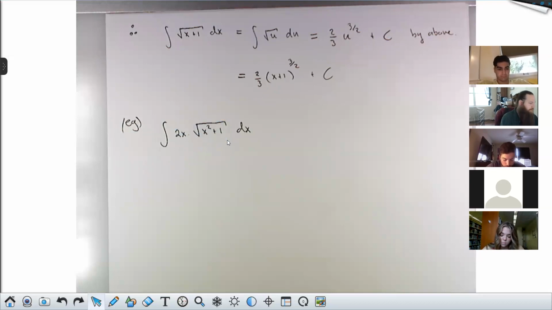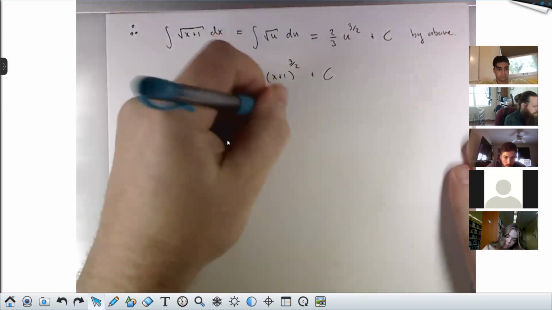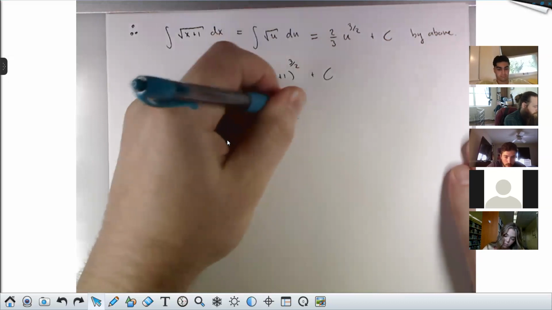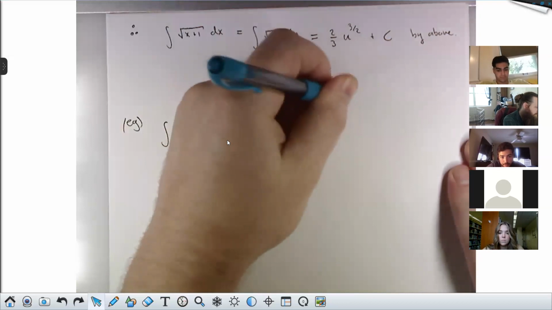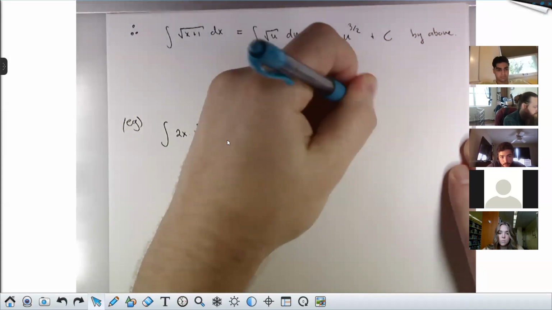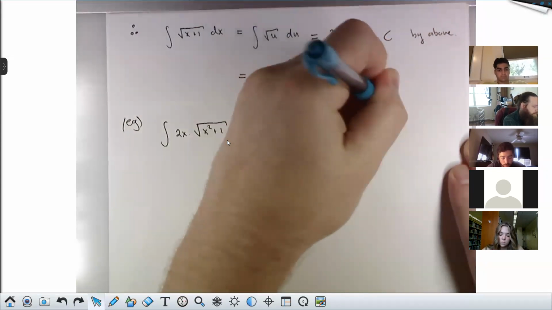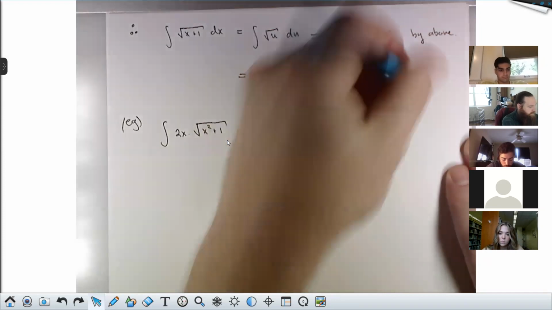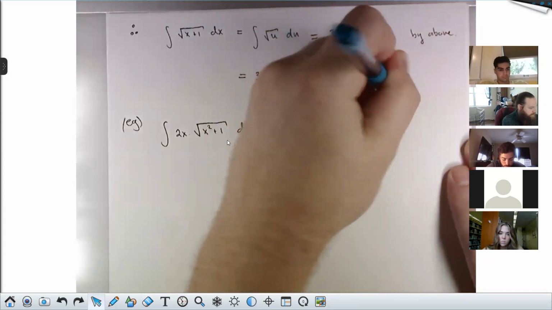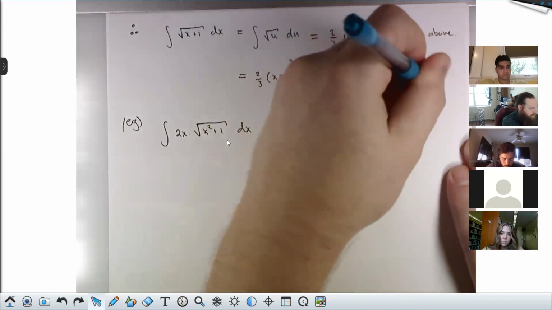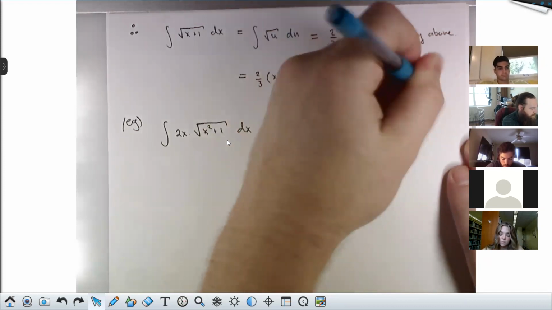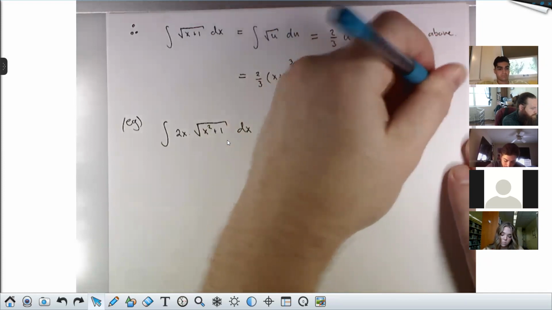And again, I'm going to remind you, personal pet peeve of mine, the square root of x squared plus 1 is super duper not equal to x plus 1. This never works. Don't even try it.